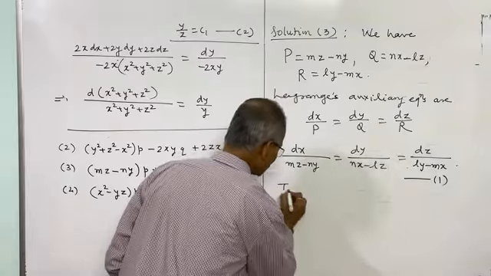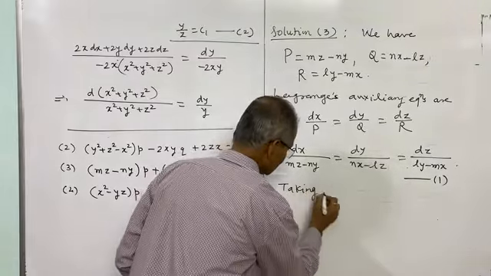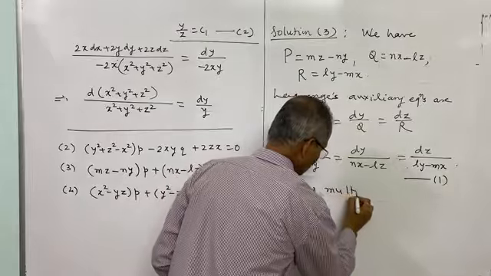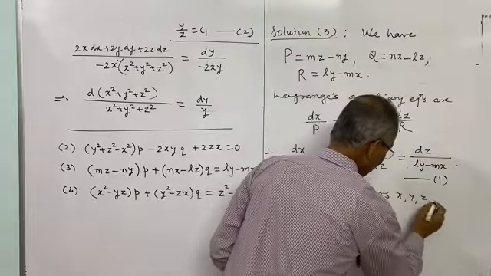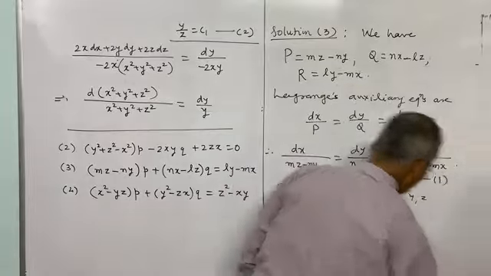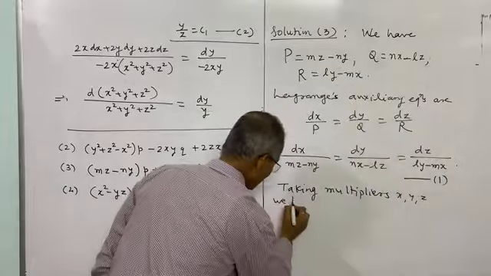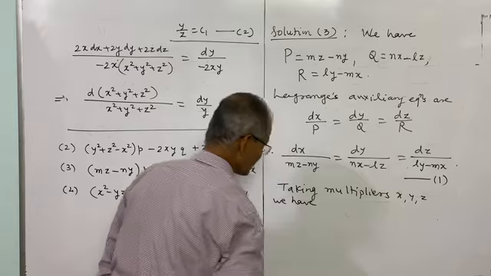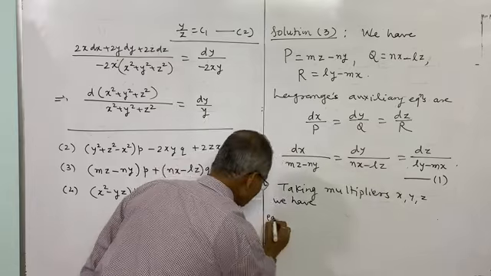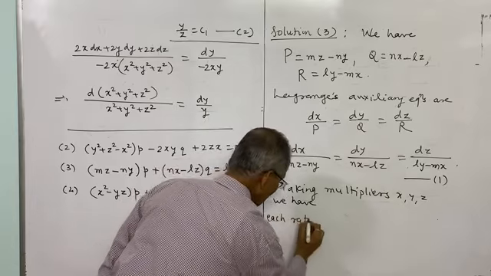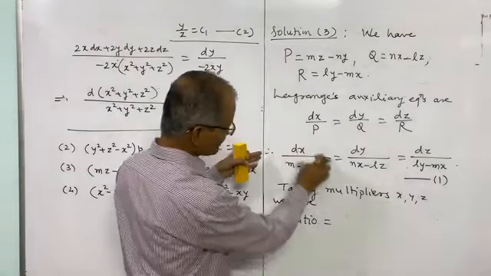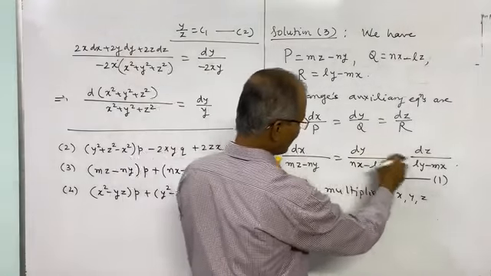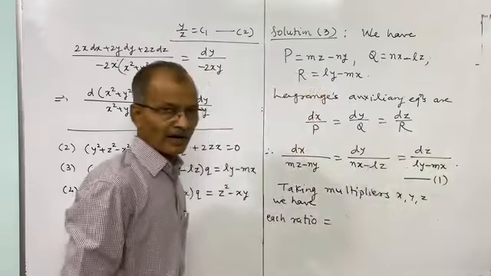Taking multipliers x, y, z, we have each ratio equal to: multiply the first ratio by x, the second ratio by y, the third ratio by z, and add it.